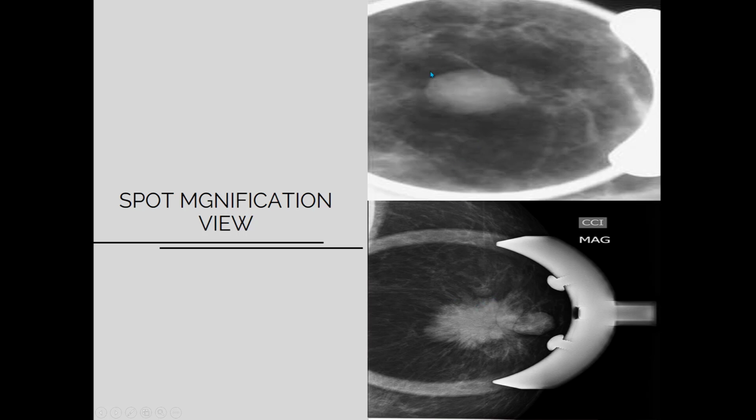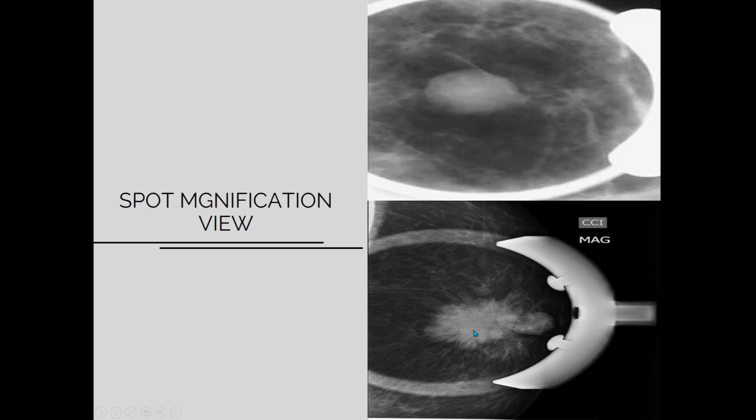Here you can see a benign pathology; you can compare easily. This is very well defined, while this is not. You can see speculation, the fine pointed projections coming out; this is called speculation. So this is basically a speculated mass.